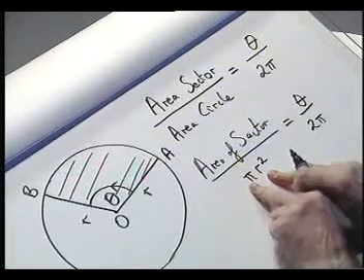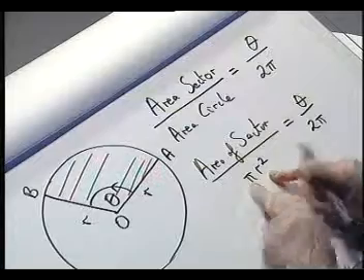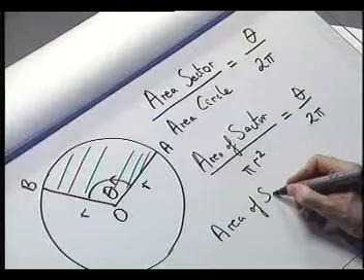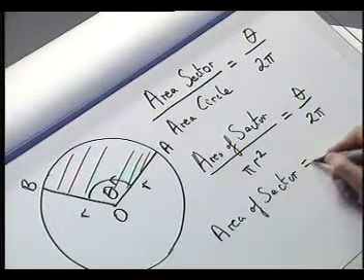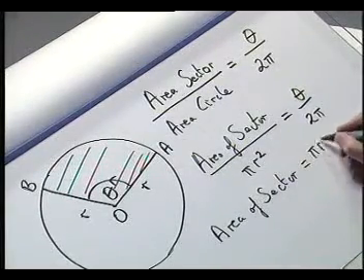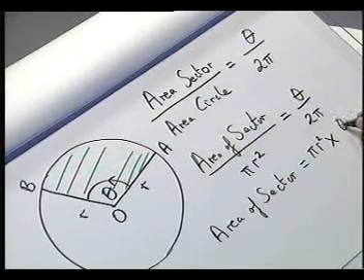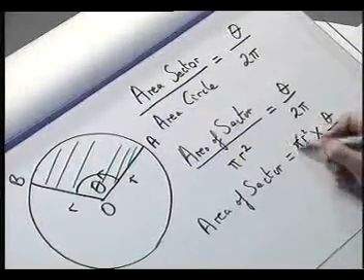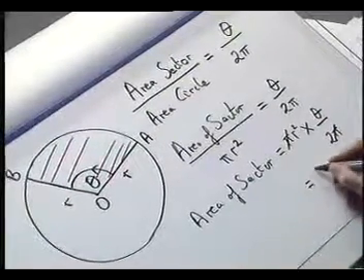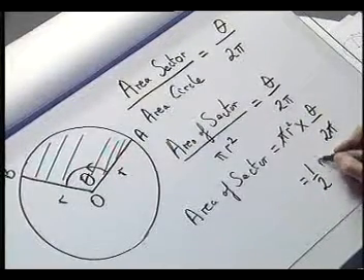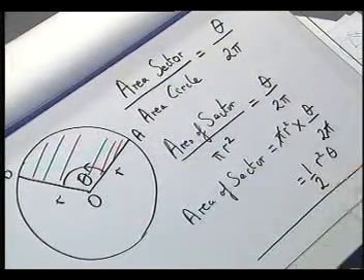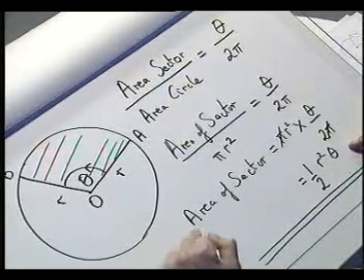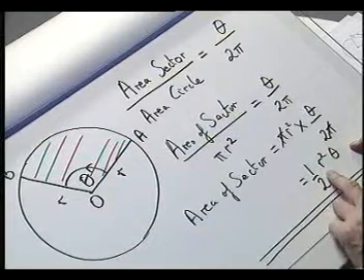And if we multiply up by the pi r squared, the area of the circle, then the area of the sector is equal to pi r squared times theta over 2 pi. And the pi's cancel, and that leaves me with a half r squared theta. And so for theta in radians, this is our formula. The area of a sector is a half r squared theta.